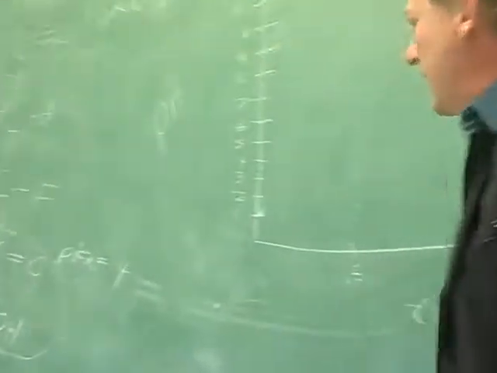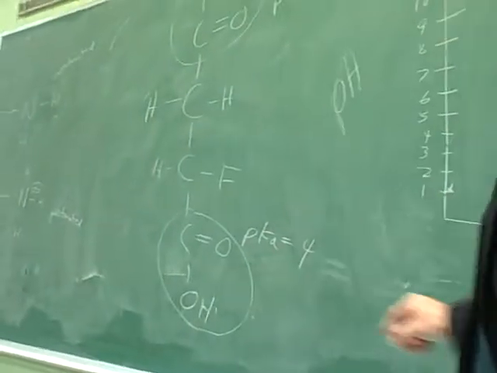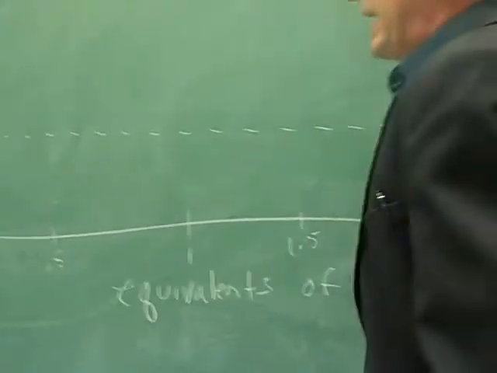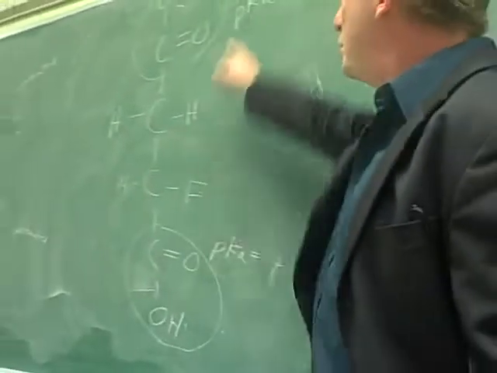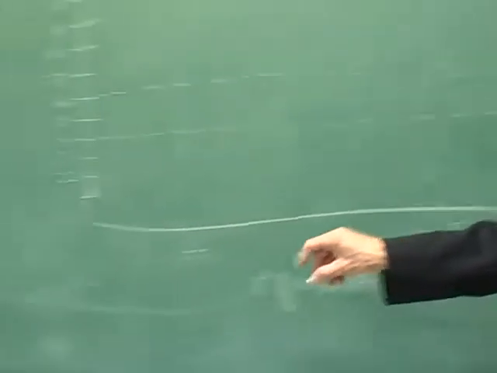Okay? And so when I go to do this, the first thing I see is that I have 2 pKa's. I draw a dotted line at my first pKa, 4. My next pKa is 6, so I draw another dotted line. Since I have 2 ionizable groups, my equivalents of OH go up to 2.